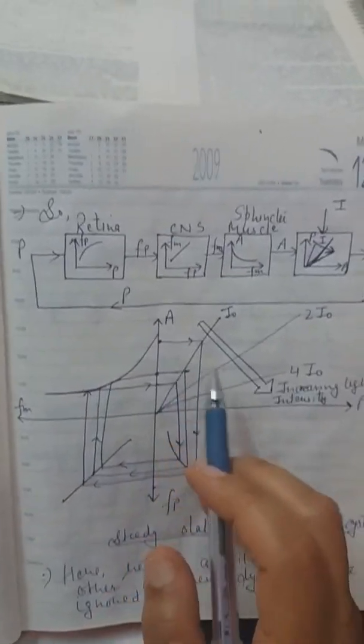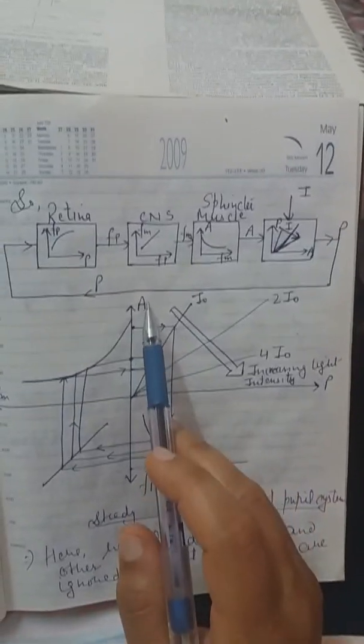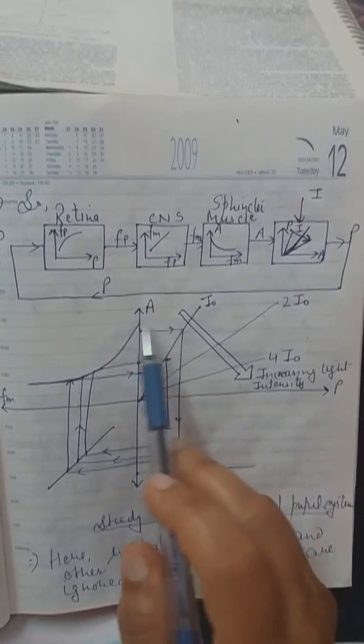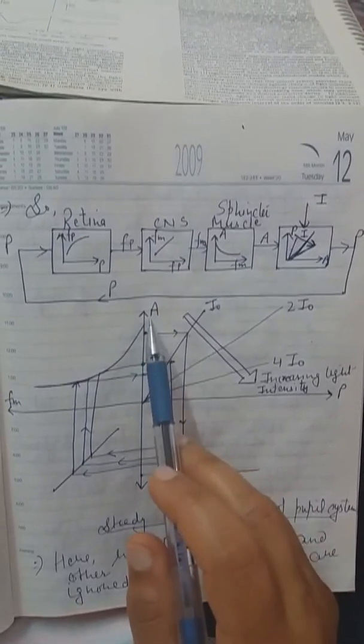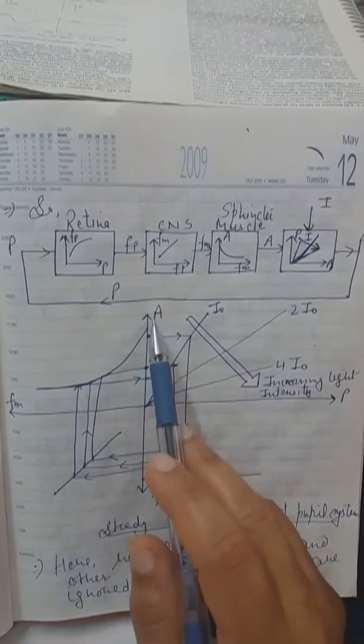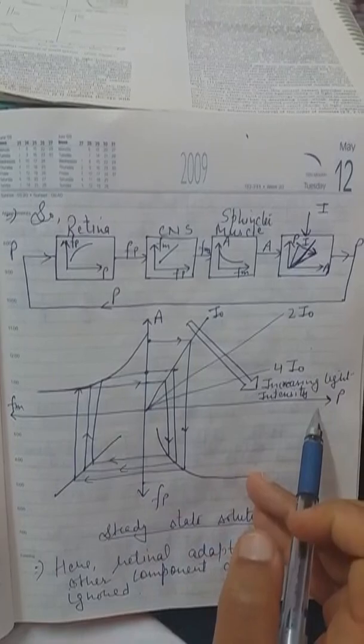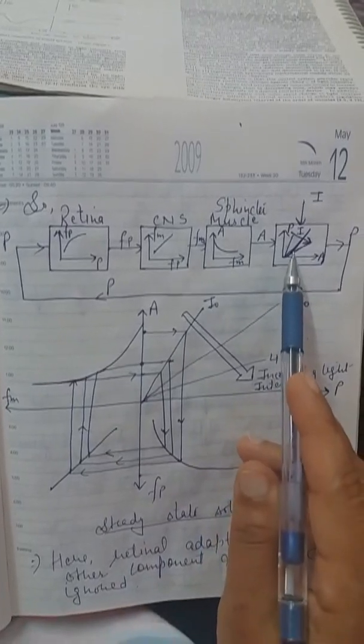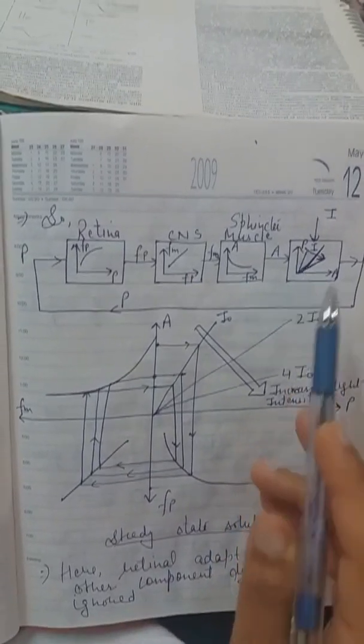If we combine all these sub-blocks in a single coordinate system, we can visualize that the output we obtain, the system is characterized by variation of area with respect to flux, that is the pupillary level, at pupil level.